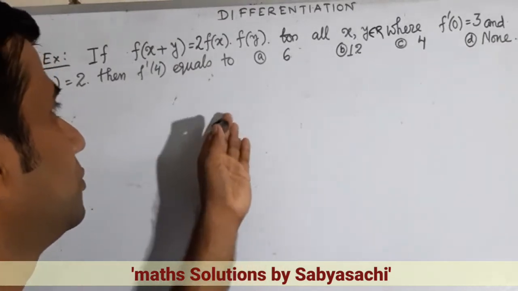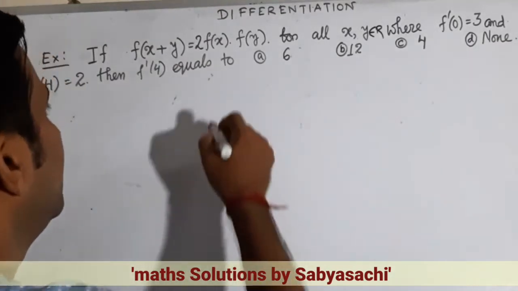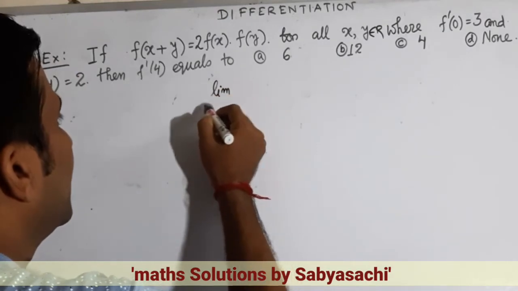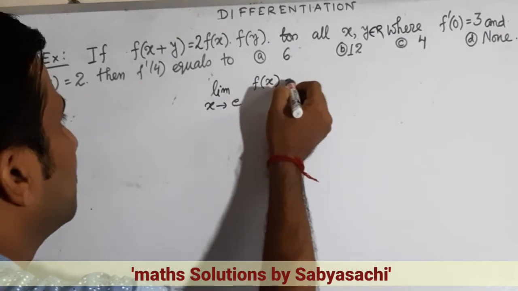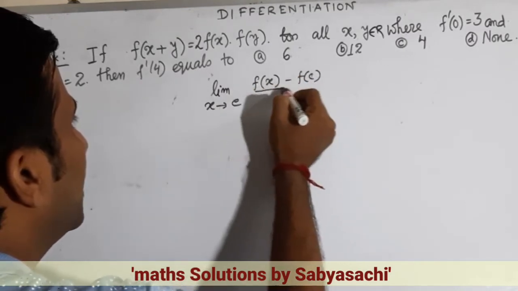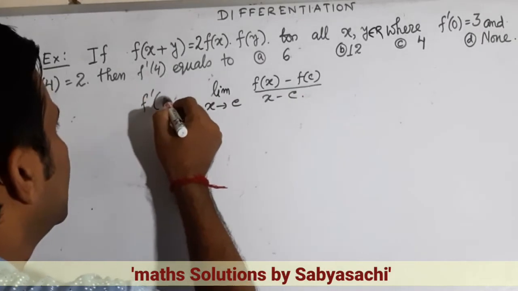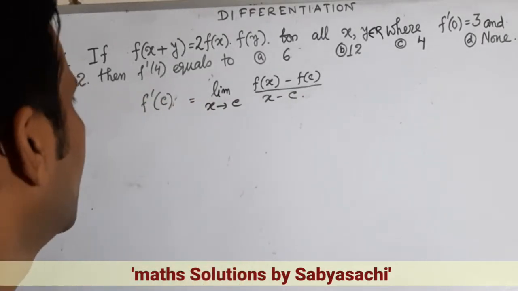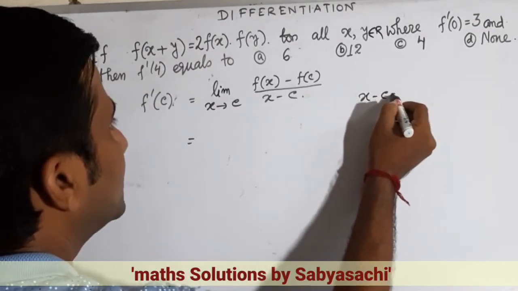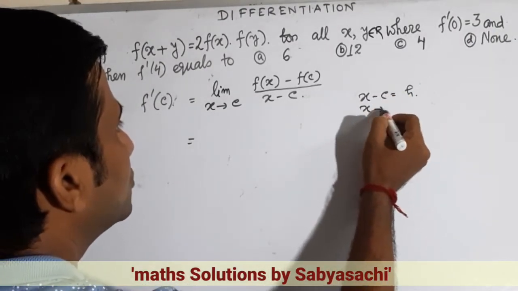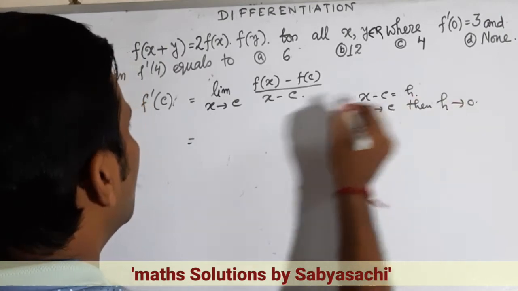I have already said to you that the definition of differentiation is that limit x tends to c f of x minus f of c by x minus c is equal to f dash c, or you can write it in this way that x minus c is equal to h, x tends to c, then h tends to 0.